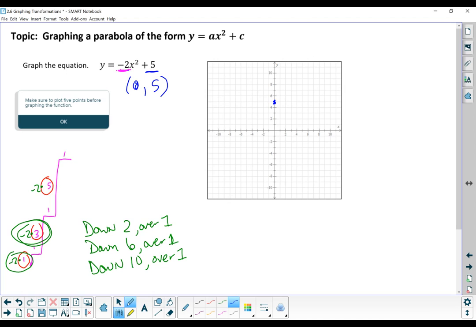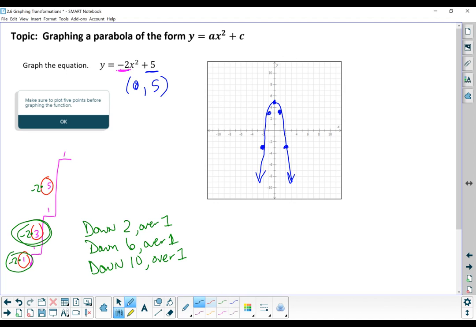And we already have 1 right here. So down 2/1, down 6/1, and then I'll do the other side. That gives me my 5 points. And then you can click on the graph button. Wow, really good graph, Bricky. And then it will plot it.